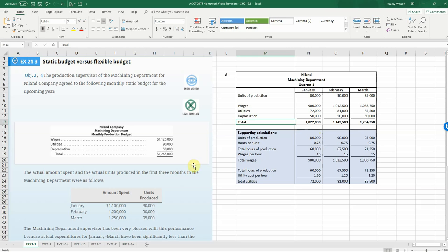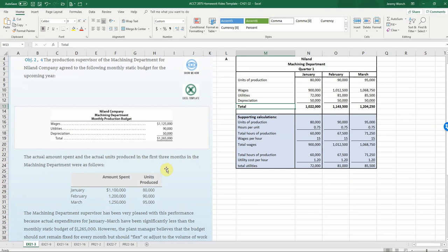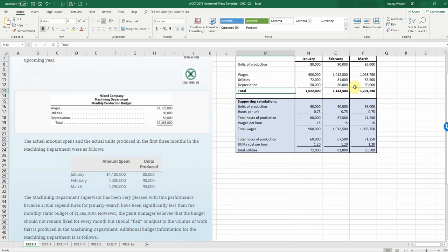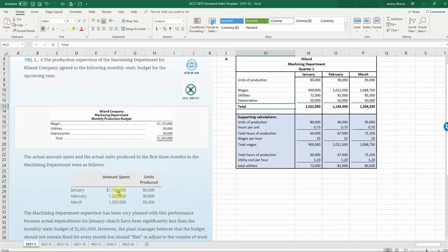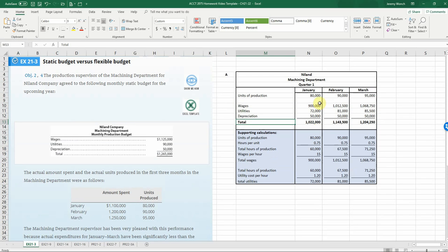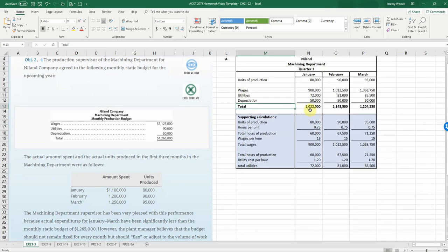But if we go through and compare that to what we actually spent, in January we budgeted 1.1 million, and then based off of our actual units of production, we actually came in with less cost. So that means based on the same amount of units, we still spent less, which means we managed our cost well. And that looks like what happened for each one of the months.